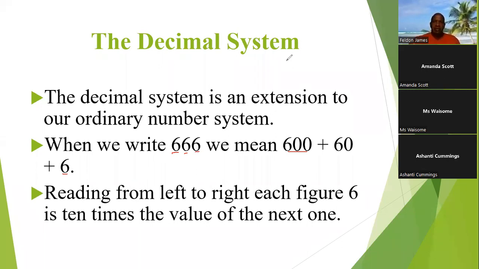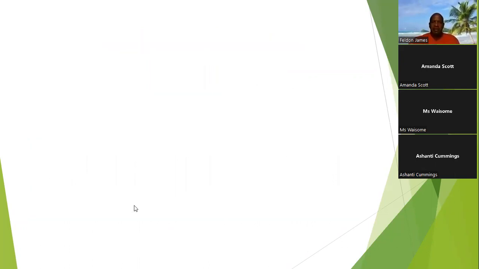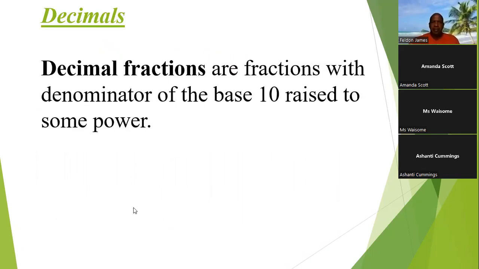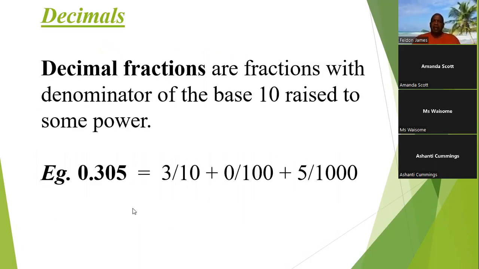Now, if we follow that trend or that pattern, we would notice as well, as we said, decimal fractions are fractions with denominators of the base 10 raised to some power.